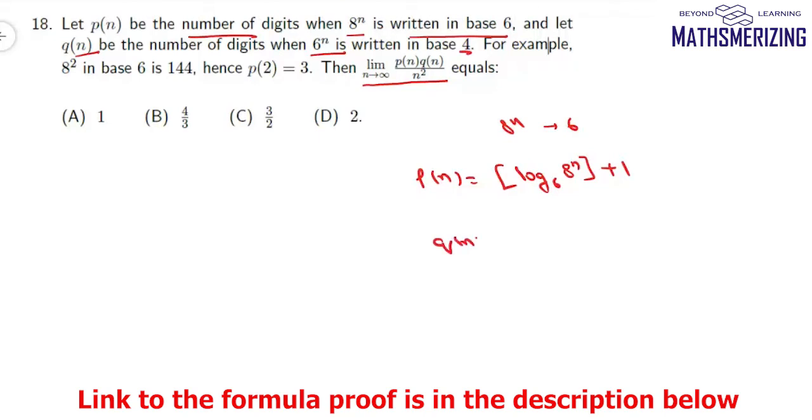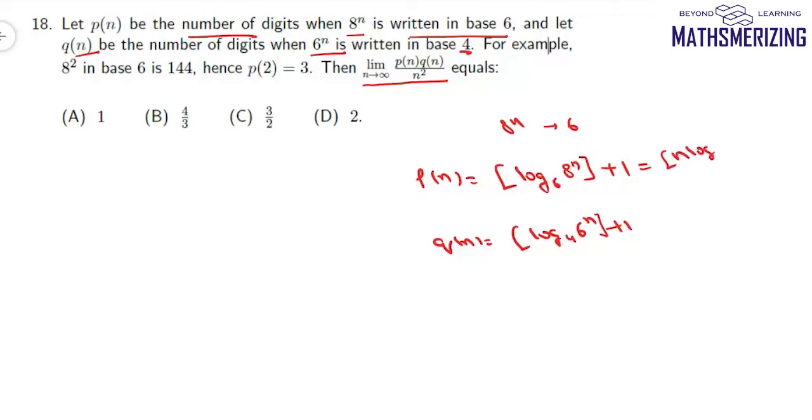So Qn will be the greatest integer of log, base 4, of 6 to the power n, plus 1. So basically Pn is the greatest integer of n log 8 base 6 plus 1, and Qn is the greatest integer of n log 6 base 4 plus 1.